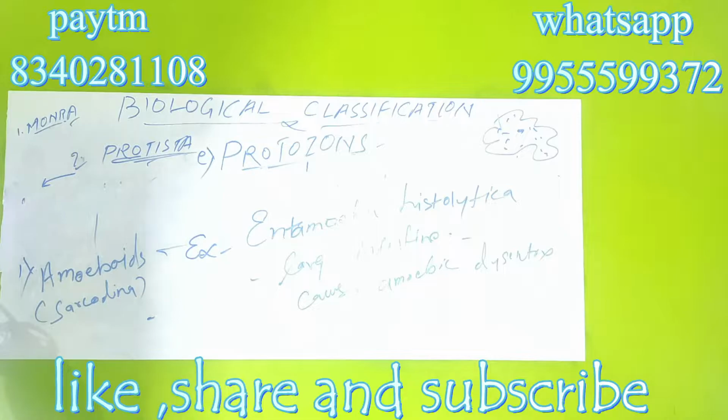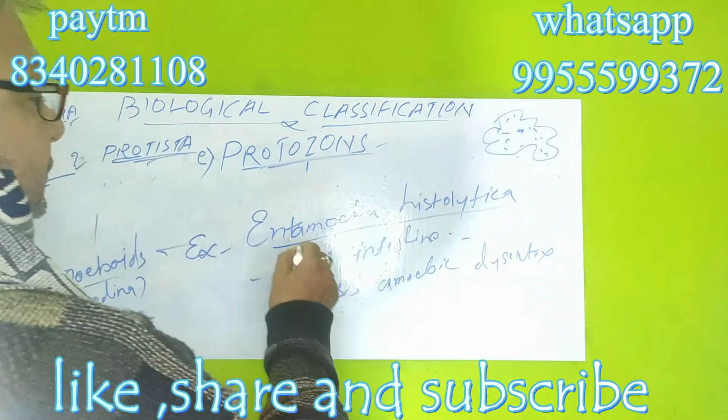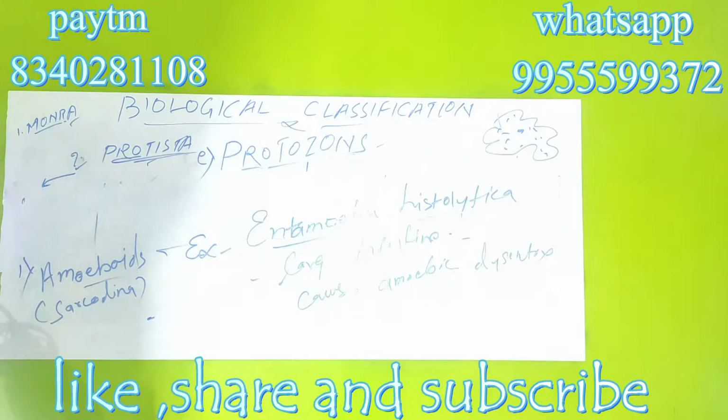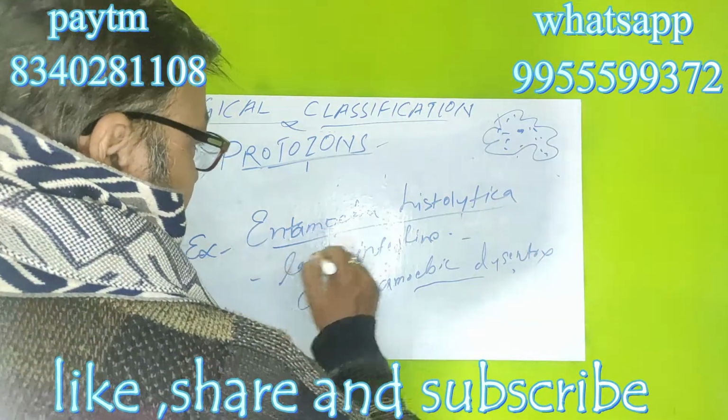So the cause of this dysentery is the amoeboid Entamoeba histolytica, present in the large intestine of human beings.